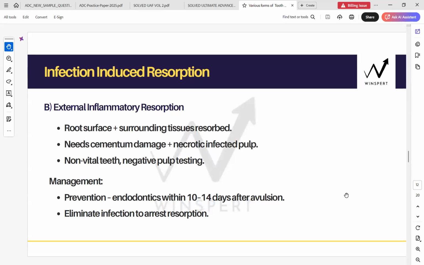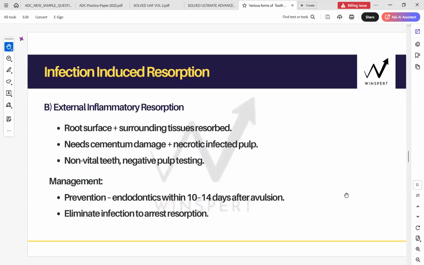That is why this external inflammatory resorption is most commonly seen with pulp which gets infected after trauma. Does that give you a concept here? Imagine the etiology is infection, but the cementum needs to be damaged. That is why the injury has to be associated to damage the cementum. And then the pulp got infected, and then external inflammatory resorption began.